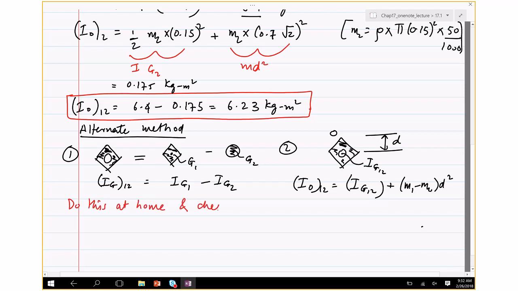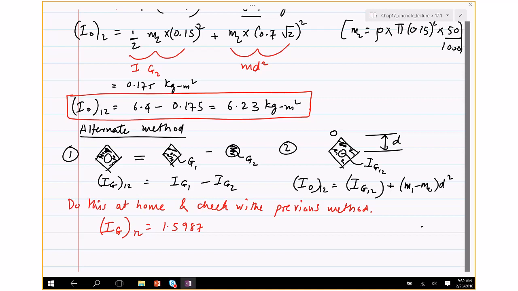And check with the previous method. I'm just going to give you some hints. IG12 comes out to be 1.5987, and this is an intermediate. So see that you get that answer, and then plug in the value here, find this, so that IO12 is the same as what you get over there, 6.23.